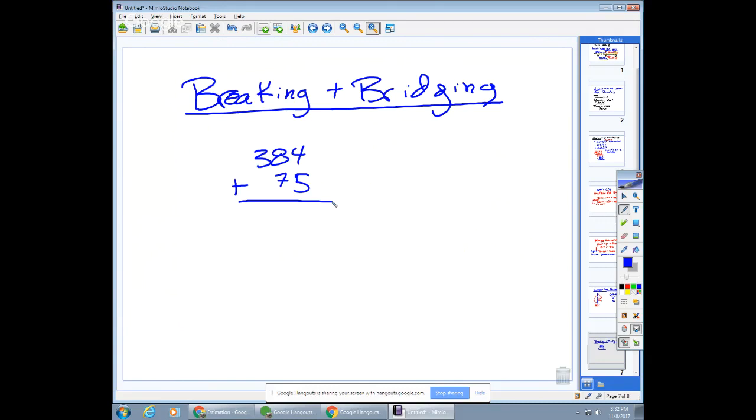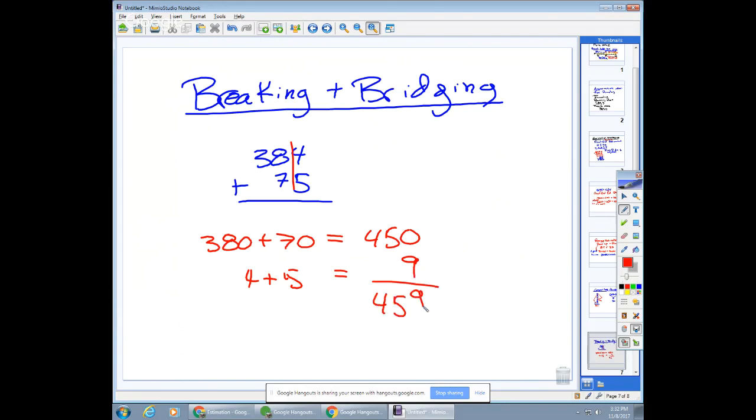Breaking and bridging, you just pick a spot to break, and usually it's like the 1s or the 10s place, and you just split the problem up into parts. So maybe I'd break there. So I would do 380 plus 70, and that's going to give me 450. And then I would consider the 4 and the 5 as 9, and then put it together for the 459. And so these are things you can do on paper or in your head to try and come up with it without writing stuff down.